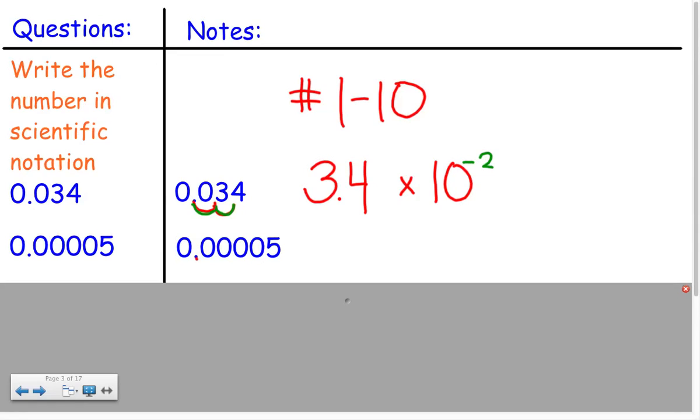I will keep moving my decimal. 1, 2, 3, 4, 5 spots gets it between 1 and 10. So we could write 5 or 5.0, doesn't matter, times 10, and I said I moved my decimal 5 spots. 0.00005 is smaller than 1, so my exponent is negative.